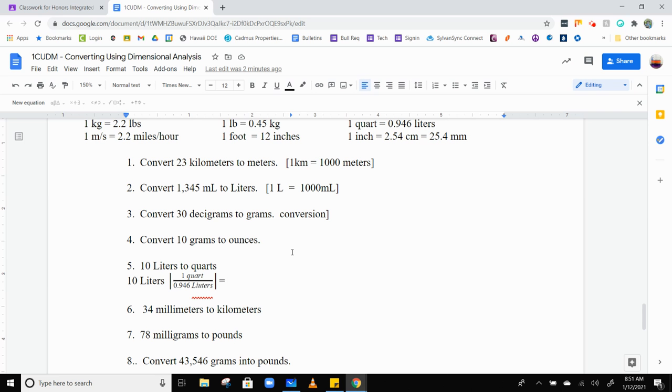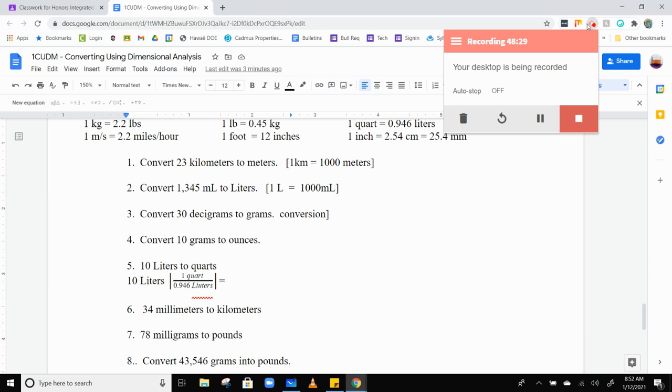So 3 numbers. 3 significant numbers. Does that make sense? So the answer is like 0.3655555555. You could do 3.66 or 0.366.